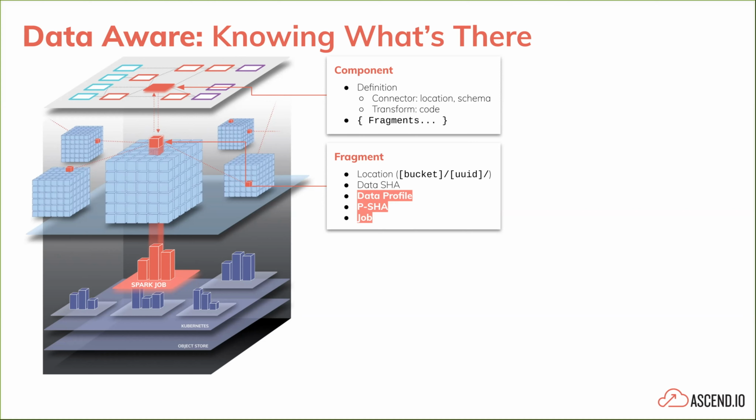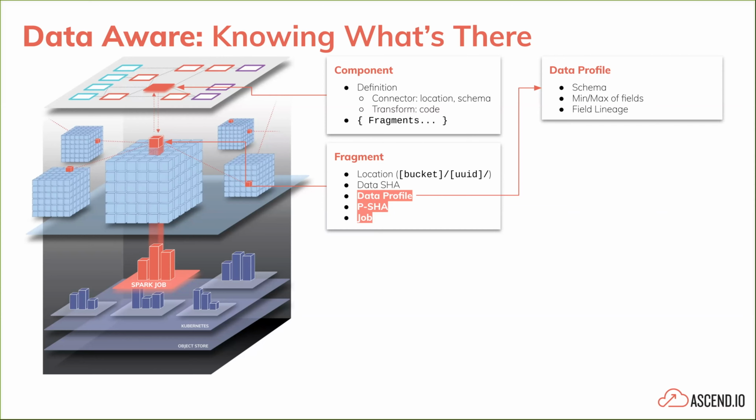But those two parts are easy: the location of where the artifacts are produced and the data SHA. Where we start getting a little more interesting is in the data profile. So in that artifact that was produced for that fragment, what's the schema of it? What's the min and max of the different fields? What's the lineage of it? So where did it come from?